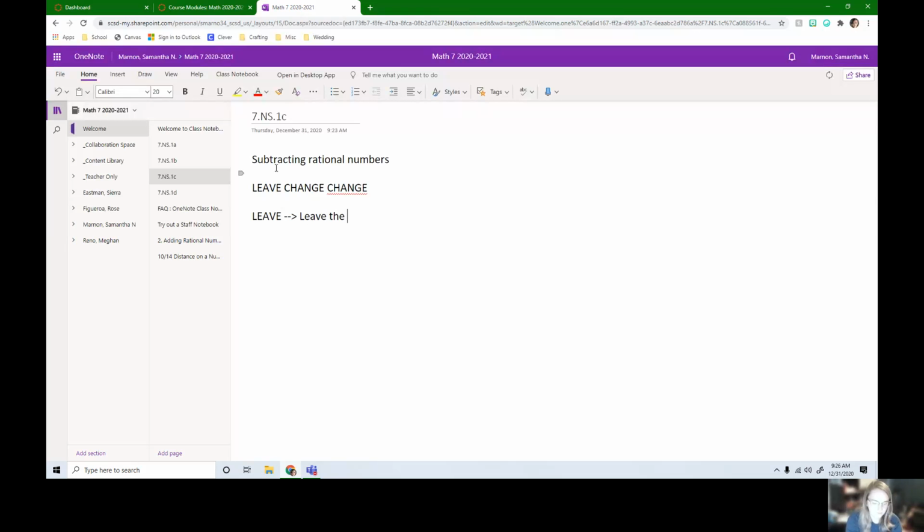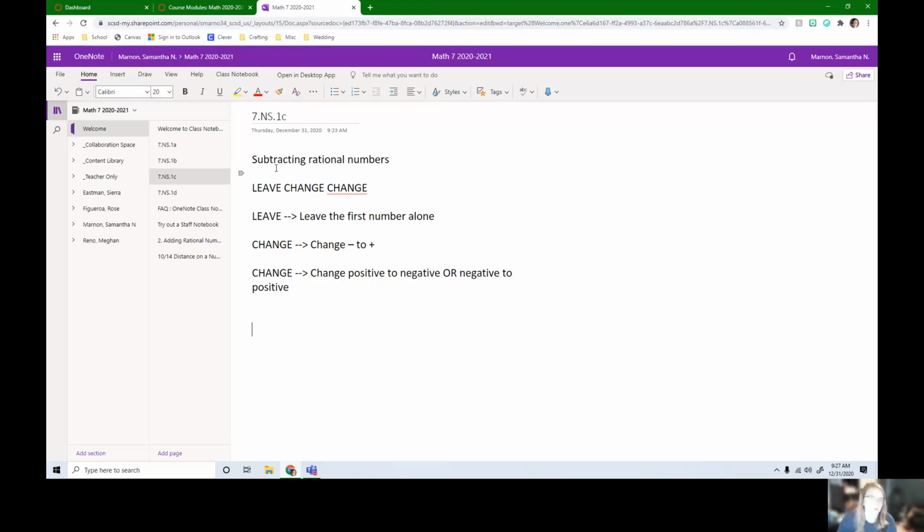Leave the first number alone. First change, we're going to change minus to plus. The second change is going to be change positive to negative or negative to positive. So let's look at what that looks like.